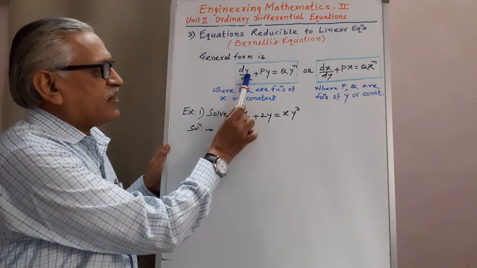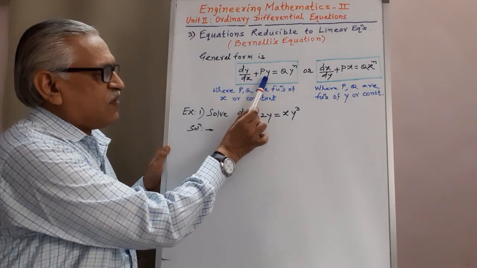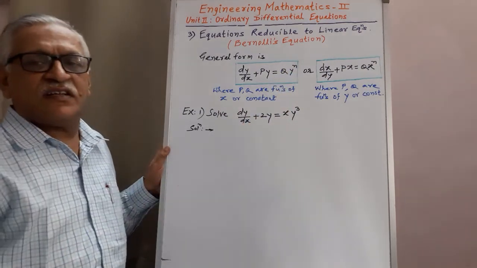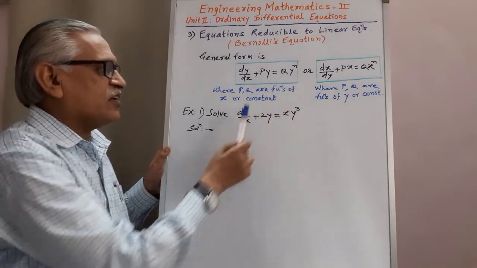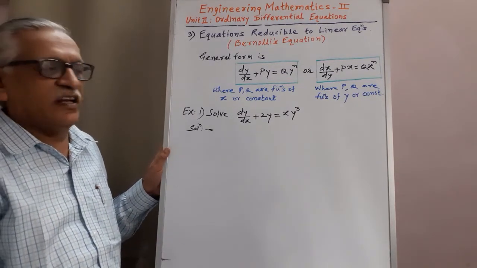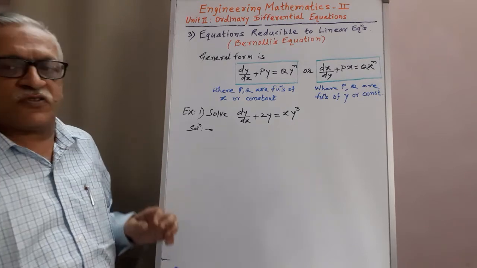Here y is the dependent variable, the degree of this y is 1, but the degree of this term of y is n, and that's why it is not linear in y. But we can reduce it to a linear by some substitution.